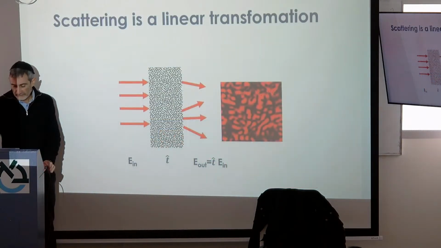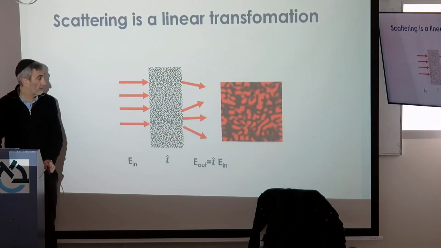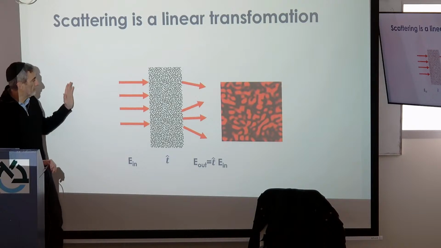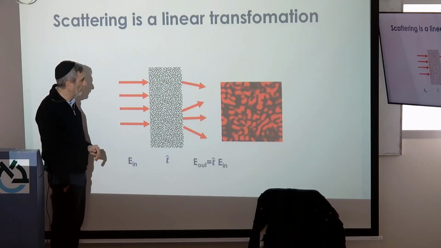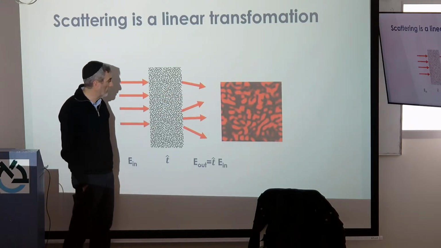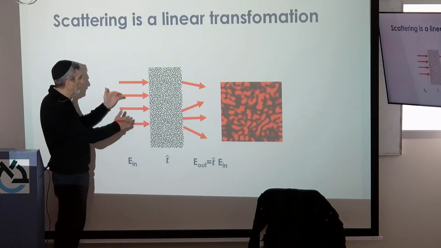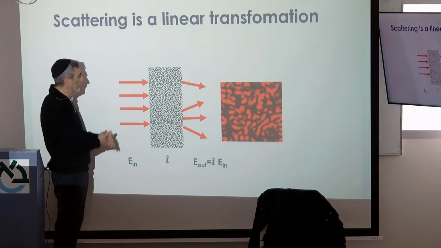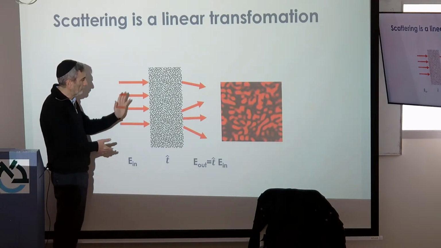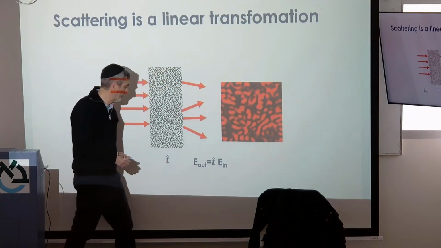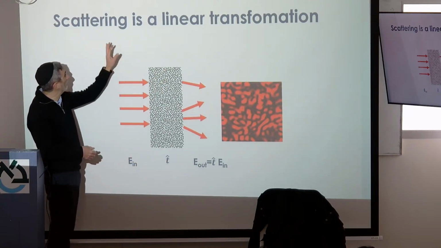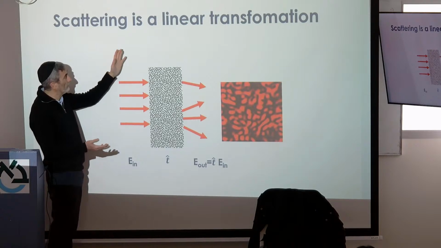So you have a scattering medium. If you illuminate it with a plane wave, you have a speckle pattern. You can imagine that you can engineer the wavefront so that you have something different here, and this is based on the fact that scattering is a linear transformation.